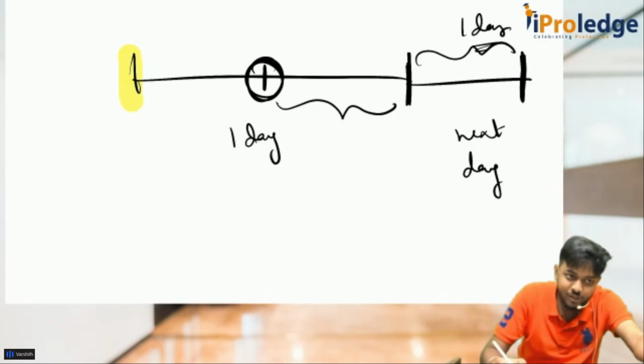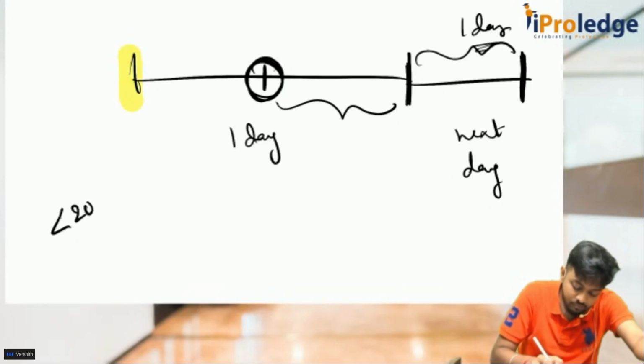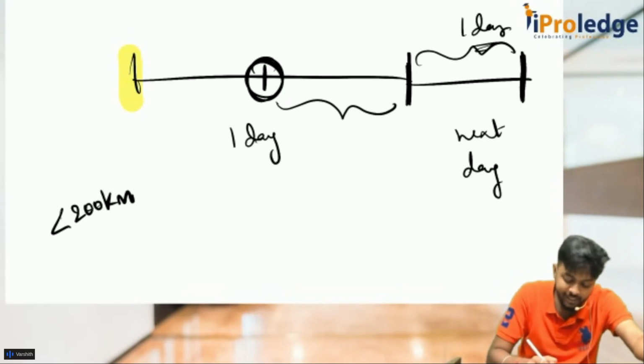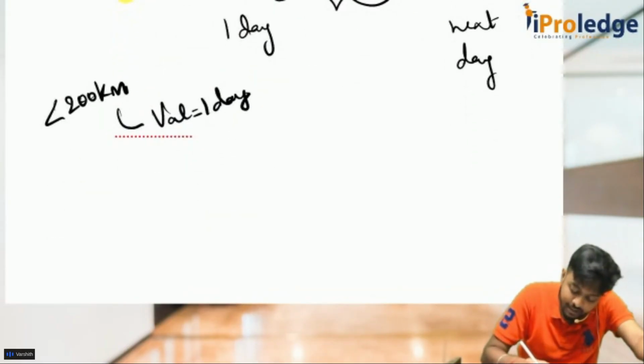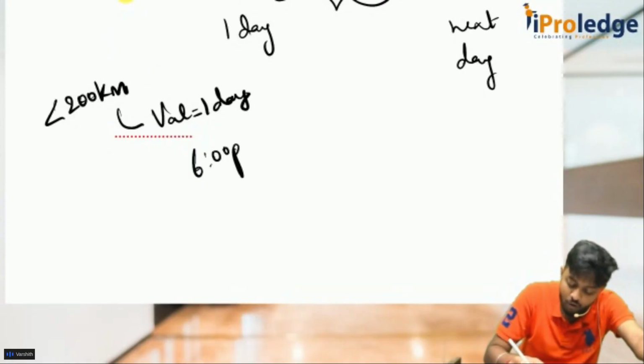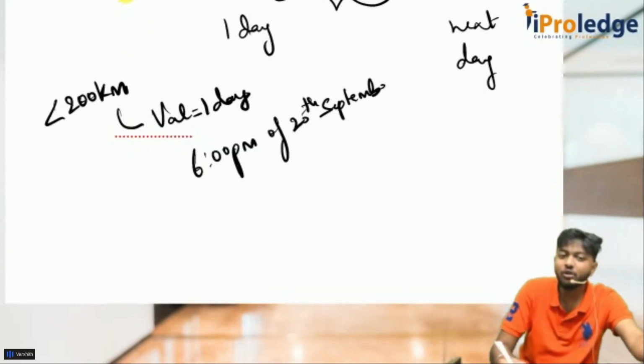Okay, say suppose now I'll tell you the distance is less than 200 kilometers. That means validity is 1 day, and I have generated this e-way bill on say 6 p.m. of 25th September. When will my validity get over?